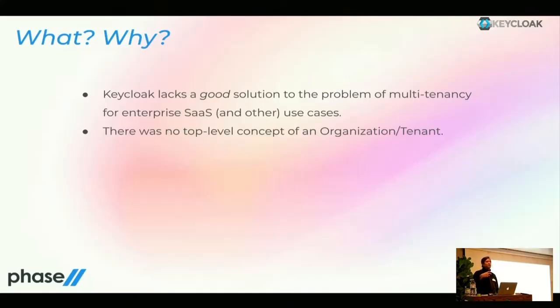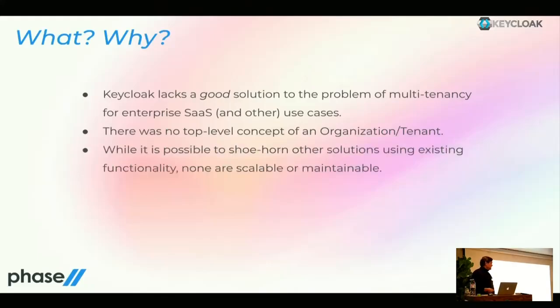But one of the things we found among competitive products, both closed source and open source, was that in many cases there was a top-level concept of an organization and a tenant. If you look at a broad user base that may be very sophisticated as IAM administrators, or looking at implementing an IAM or SSO system for the first time, you want to appeal across that spectrum. And so having a top-level entity and concept of an organization was very important to those people. So that's one of the reasons that drove us to build this.